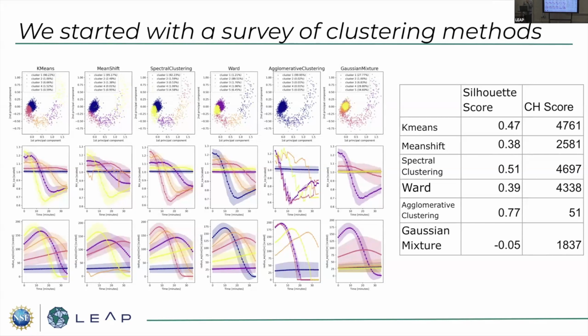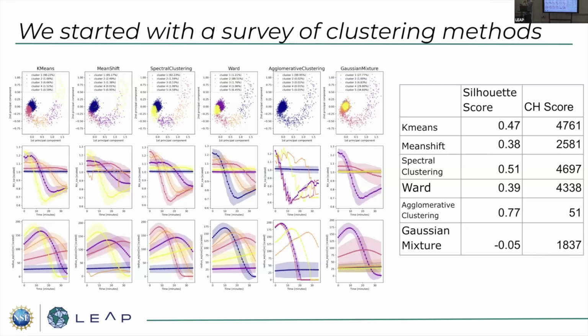The initial results were that k-means and spectral clustering were particularly effective. I have a table here with silhouette score and CH score, which I'll talk about briefly.